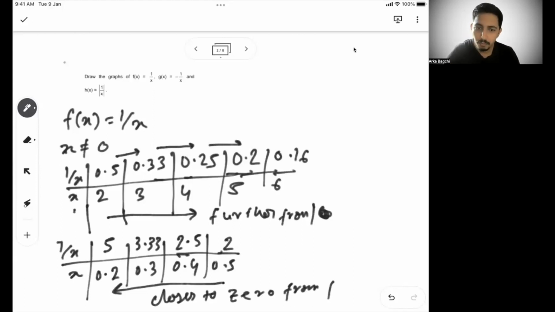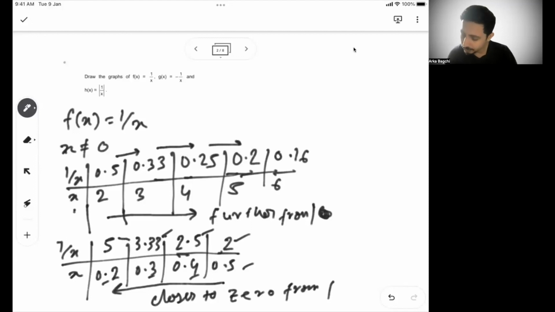But if I'm moving from 1 to 0, let's say 0.5, then 0.4, 0.3, 0.2, my rate is increasing more, because at 0.5 it was 2, then 2.5, a 0.5 increase, then 3.33, a 0.83 increase, then more than 1 increase. So you understand, if I'm going further towards 0, my values start shooting up. But if I'm going further away from 1, my values start slowly coming down.